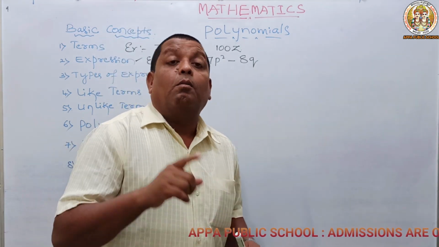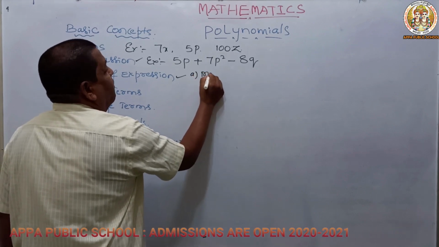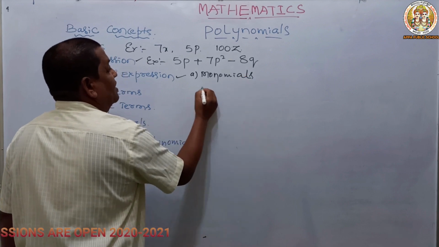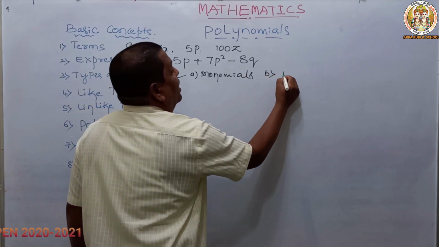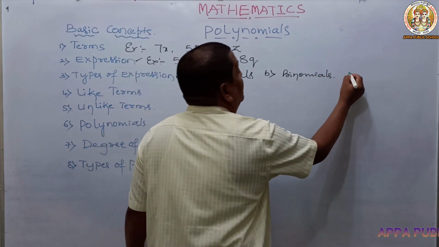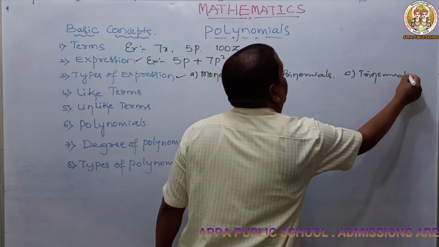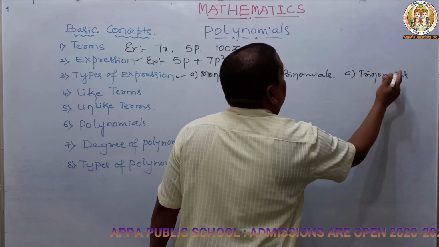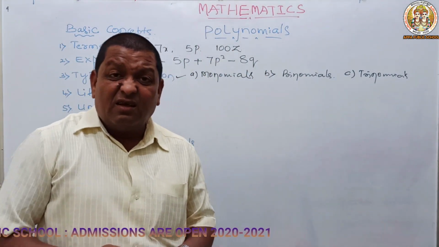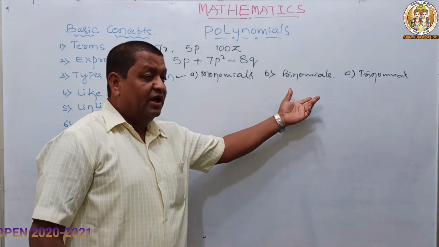The first one is monomial, the second one is binomial, and the third one is trinomial. Are only these 3 types of expressions? No, actually we learned only 3.